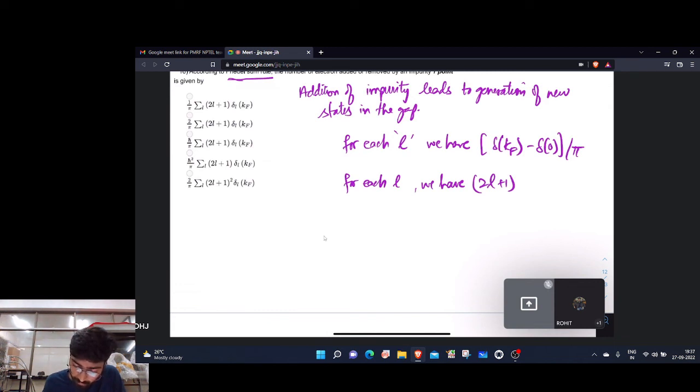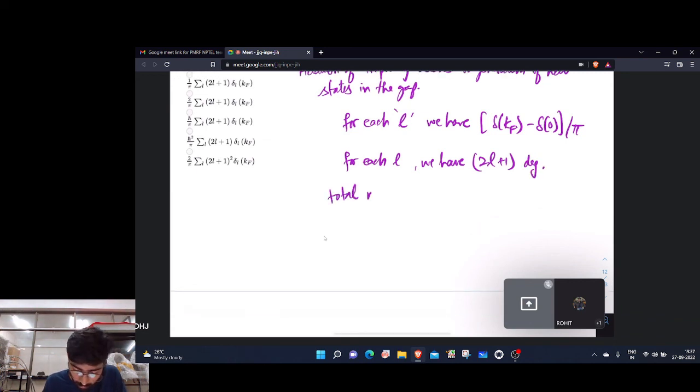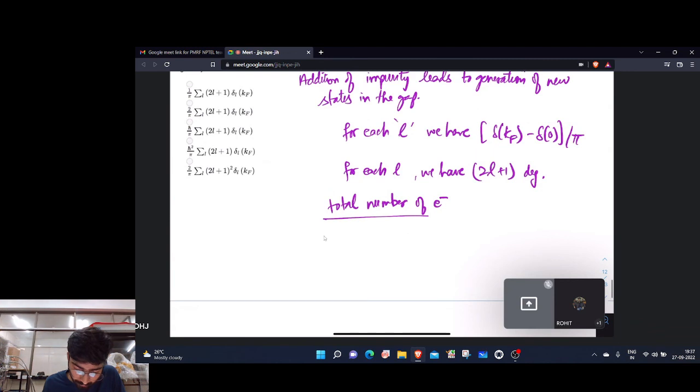So the total number of electrons that can be accommodated in the states created by an impurity is given by, since electrons have spins, let us multiply it by 2, and since for each L we have the phase shift, and also 2L plus 1, the total number of states would be the product of these, given by the summation over L of 2L plus 1 multiplied by del kf minus del 0 divided by pi.